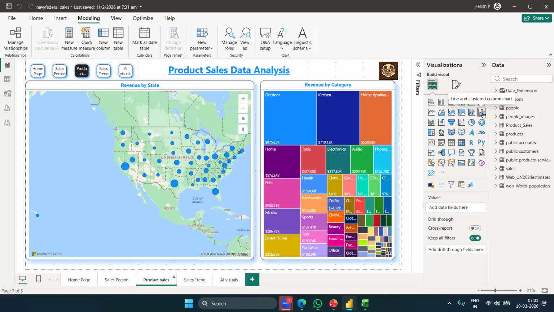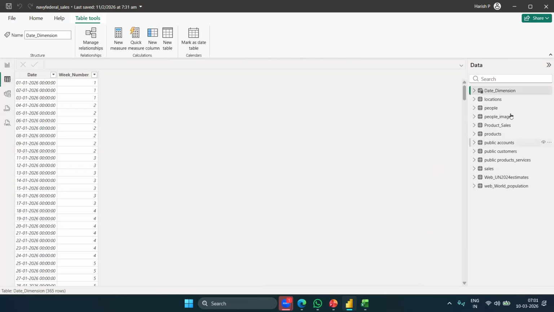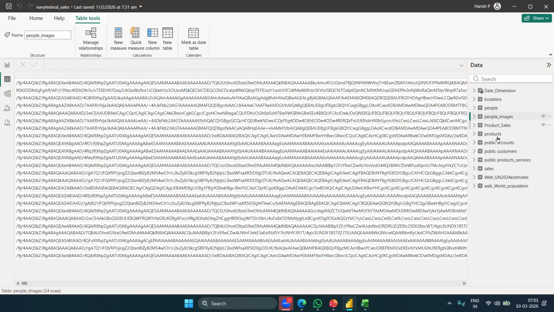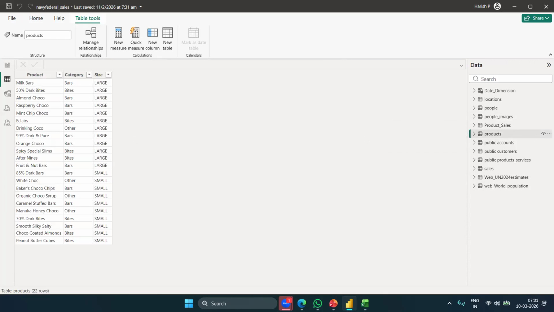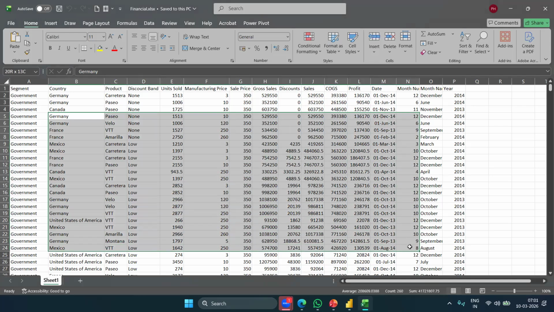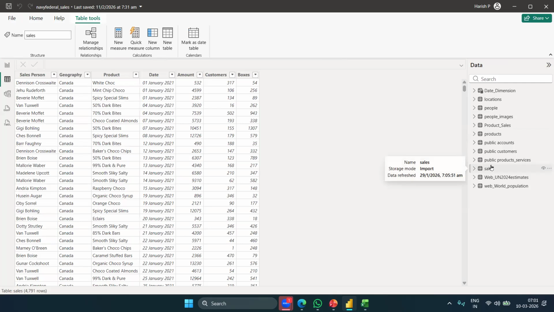Suppose in Excel we call it a chart, in PowerPoint here we term it a visualization, right? Similarly, on the left side we have a report view and a table view, like in Excel, right? We see all the tables of data. In Excel, like how we have the tabular data, the same thing we are going to have here also.